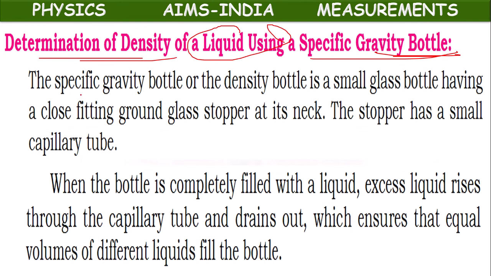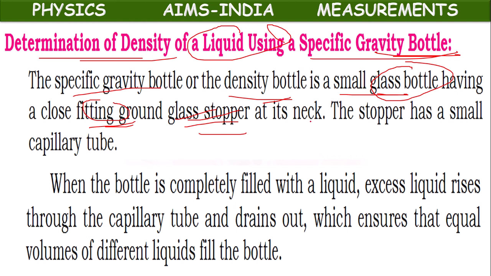The specific gravity bottle or density bottle is a small glass bottle having a close fitting ground glass stopper at its neck.